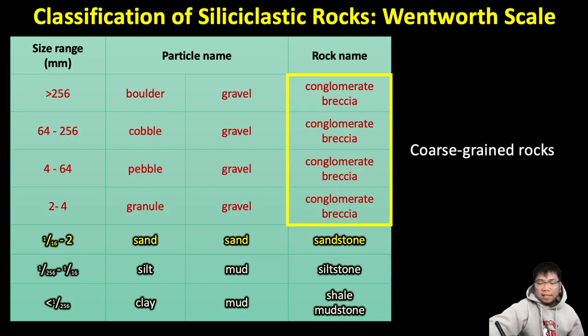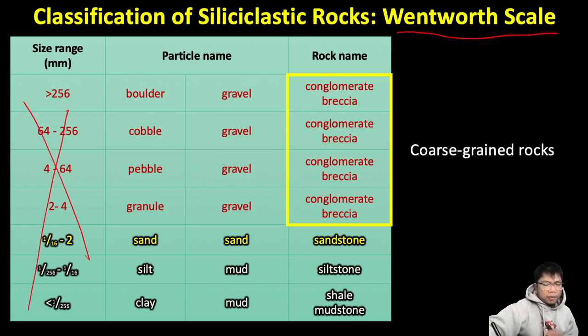So for siliciclastic sedimentary rocks, we use the Wentworth scale that we have already seen before. I do not need you to memorize these numbers, but you at least need to know the main groups of sedimentary rocks based on the grain size.